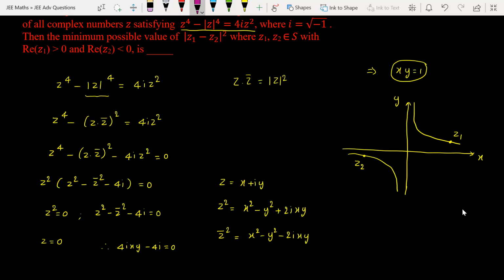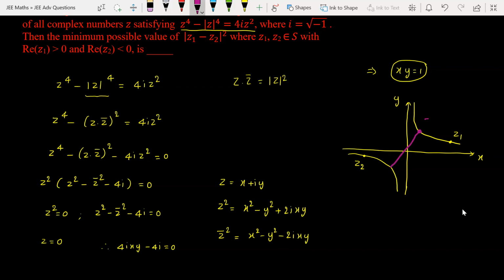By symmetry, we can easily understand that the shortest distance will be along the common normal, and in this case the common normal to both the branches is nothing but the transverse axis of the hyperbola, that is going to be this one.